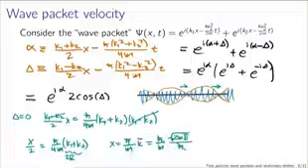I can again push my mass into the square root here, and what I'm left with then is root 2E over m times time. I forgot my times time here. All of these have a times time. So x equals something times time. This is our velocity. So here, for the wave packet velocity, we get root 2E over m. This is the classical velocity.